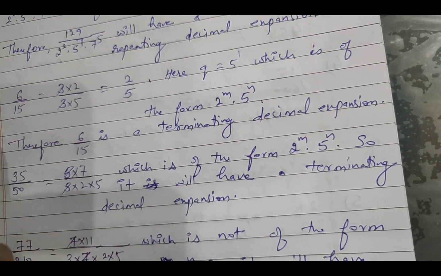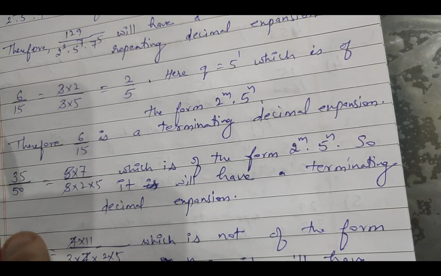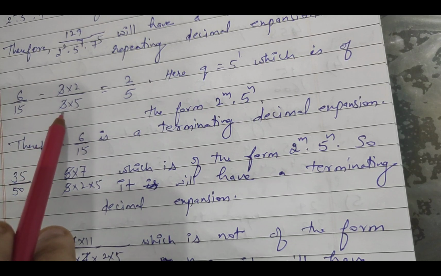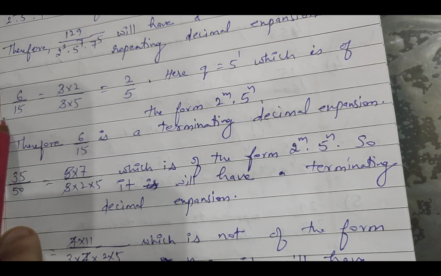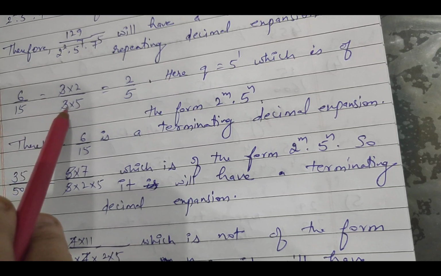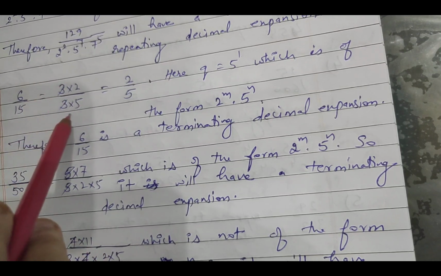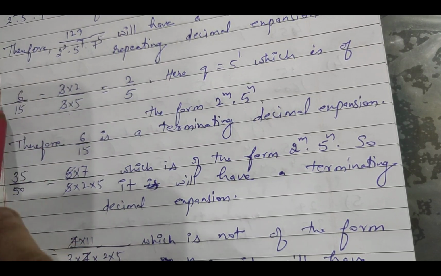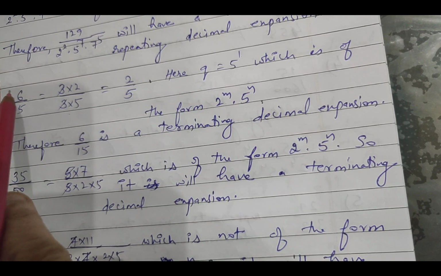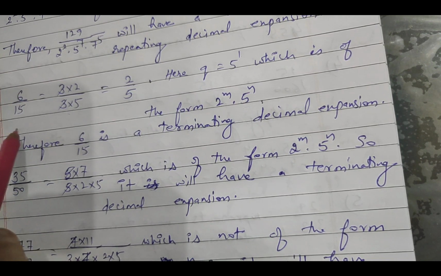Now, in this type of question, there can be an error if you don't factorize both numerator and denominator. Why? Because here 3 is there. Otherwise, you will think that 15 contains 3 into 5, so 3 is there, it is non-terminating. But when expanded, 3 gets cancelled, because earlier these were not co-prime numbers.